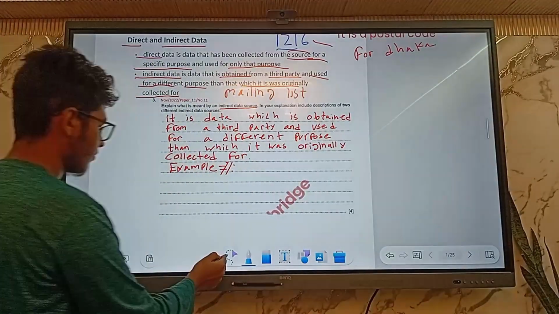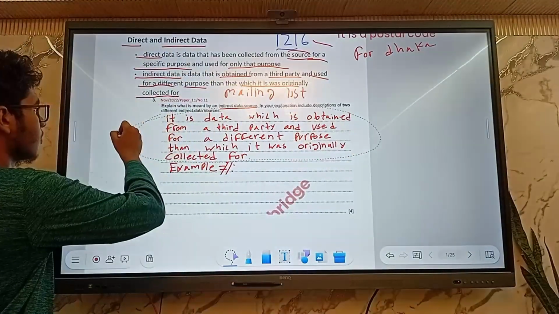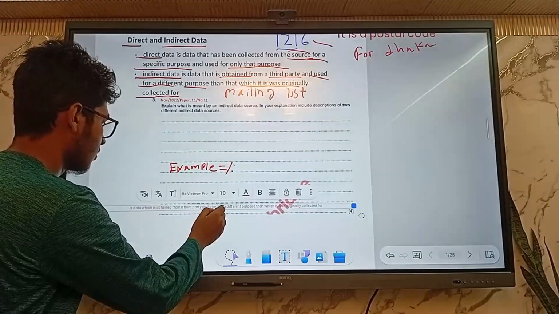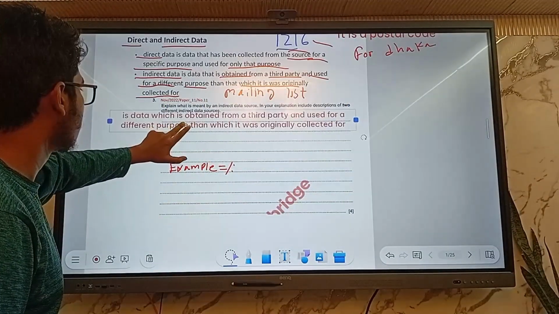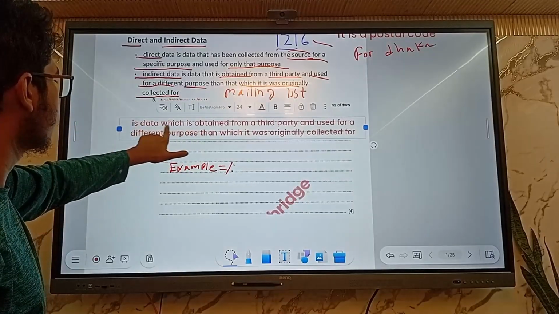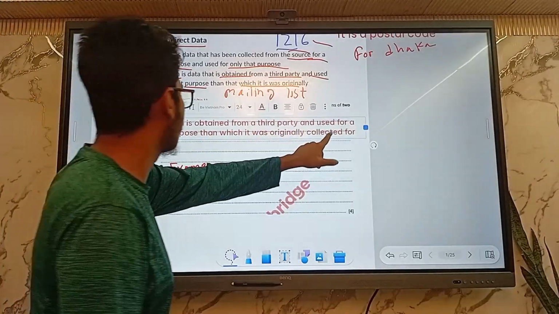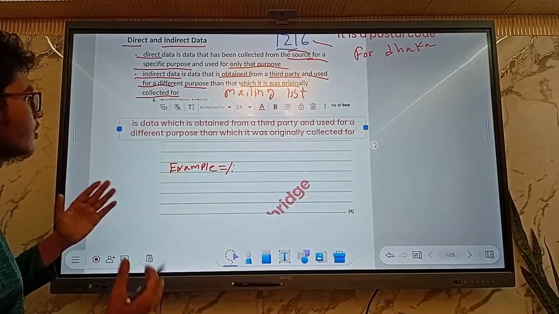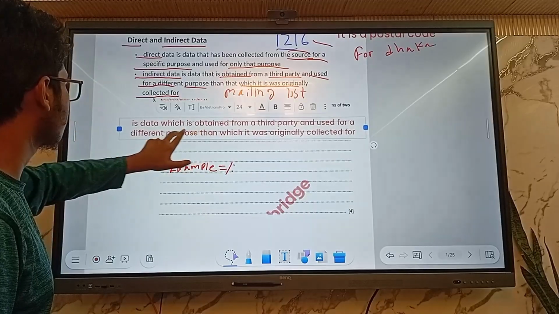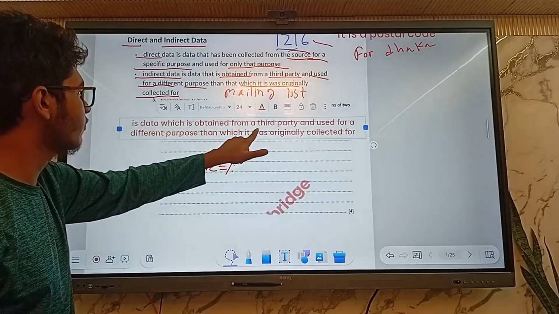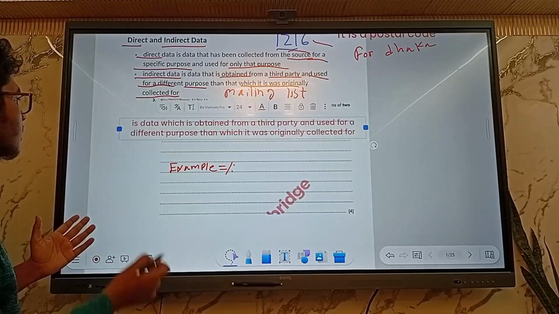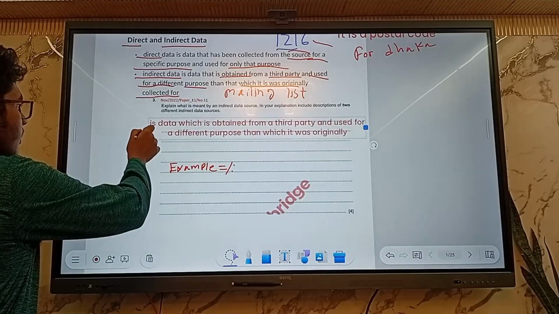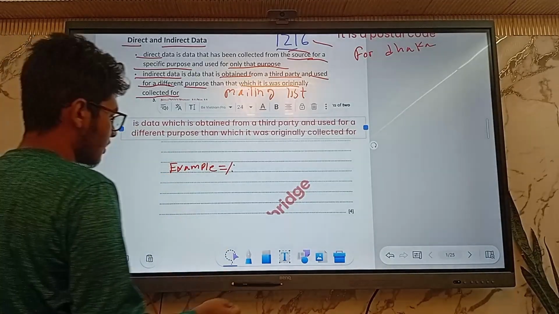It is data which is obtained from a third party and used for a different purpose than which it was originally collected for. This is what indirect data stands for.